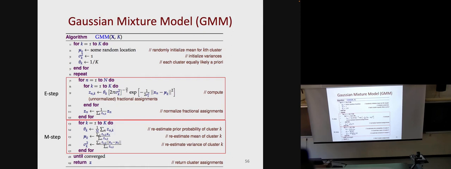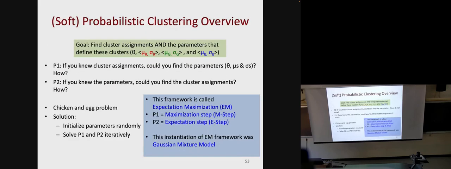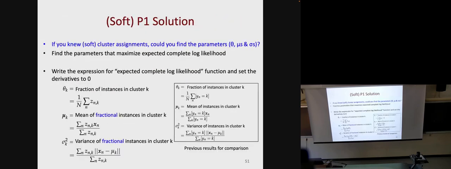Any clarifications, any questions? Yes. In the previous slides, you had in parentheses hard and soft written. So what is the difference? Hard inference is when you fully allocate a point to a cluster, the entirety of the data point to a cluster.